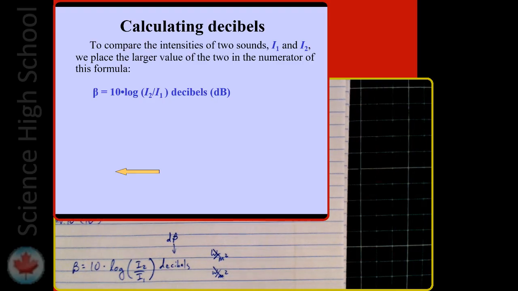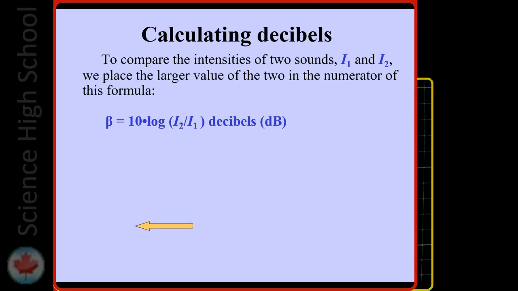So the decibel placeholder is really just there to give people the information that two intensities of sound have been compared to each other. It's not really a unit in its truest sense. All right, let me biggie size this again.